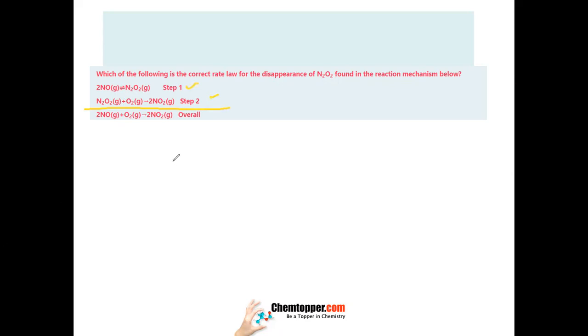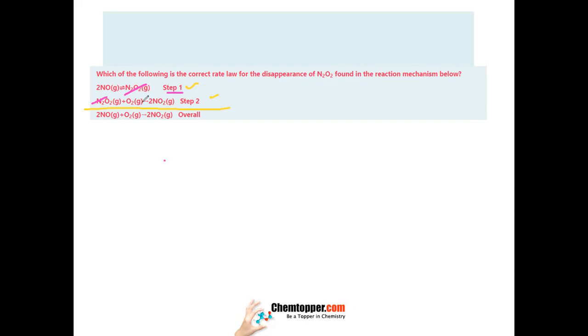What are the intermediates here? Yes, N2O2, this one. That's it. Because intermediate is not part of the overall reaction, and N2O2 is formed first. It is formed in step 1 and then used up in step 2. So intermediate is there.